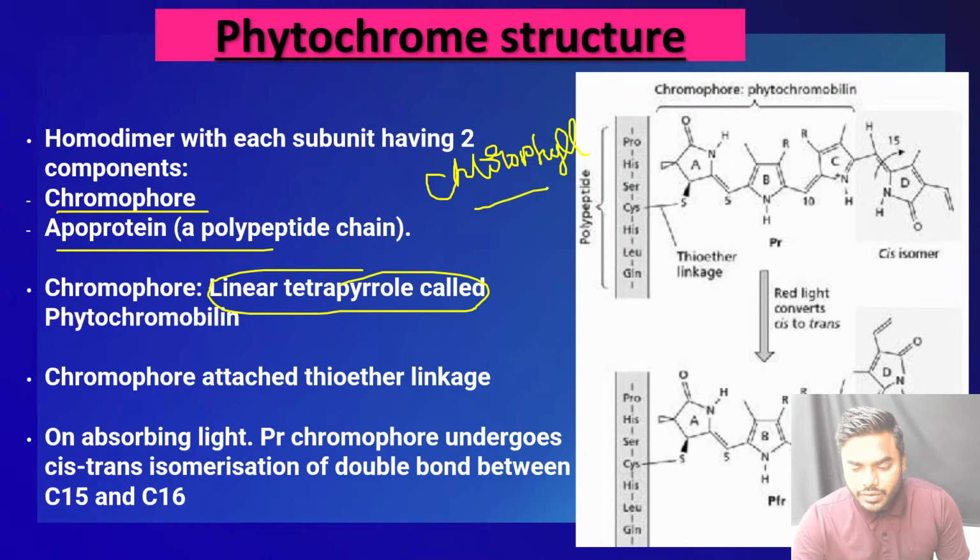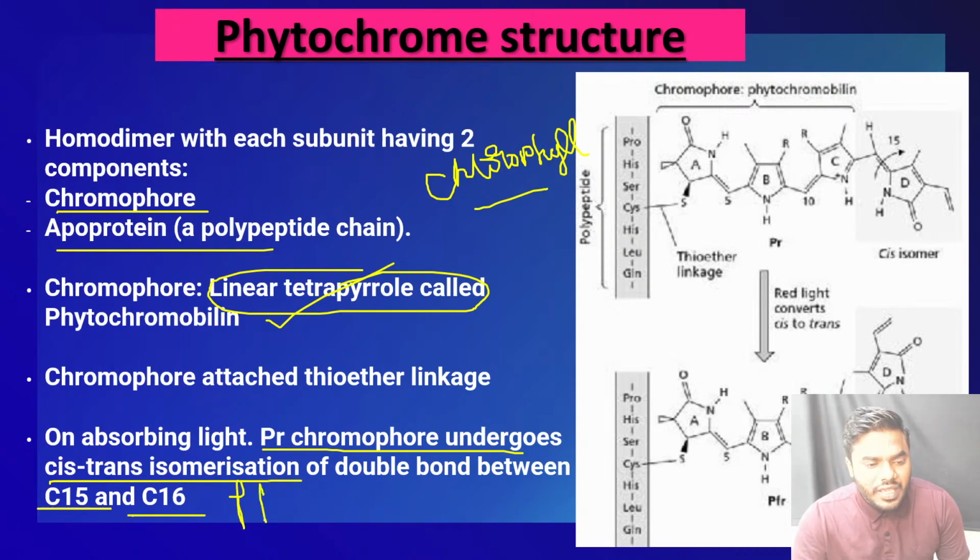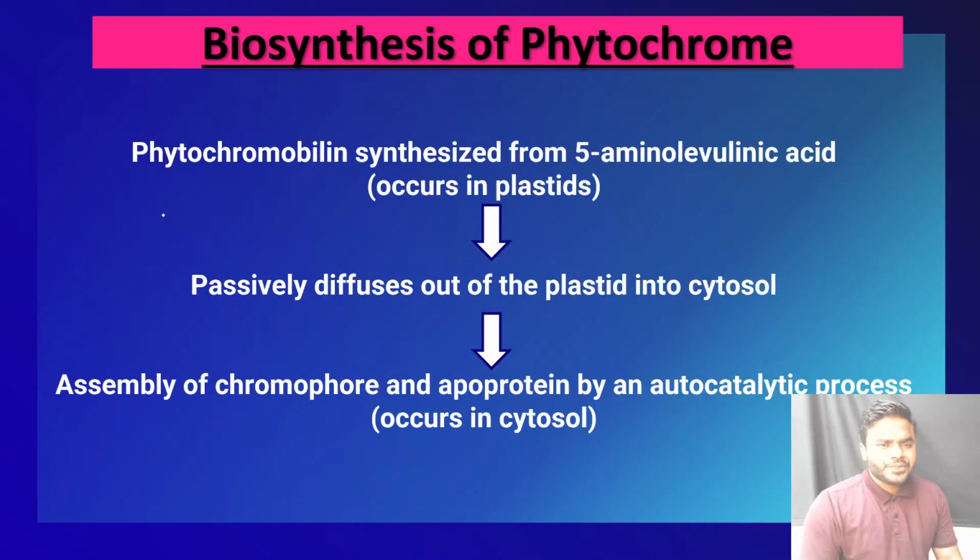Closed tetrapyrrole. But here it is linear tetrapyrrole. Very, very simple. So the PR chromophore undergoes cis-trans isomerization at the 15th and 16th carbon and is converted into the PFR form. Majorly remember these two points.